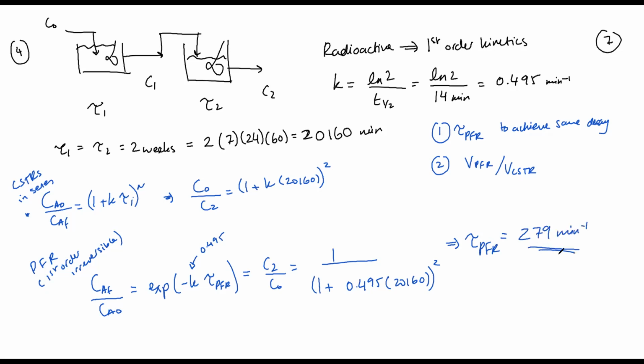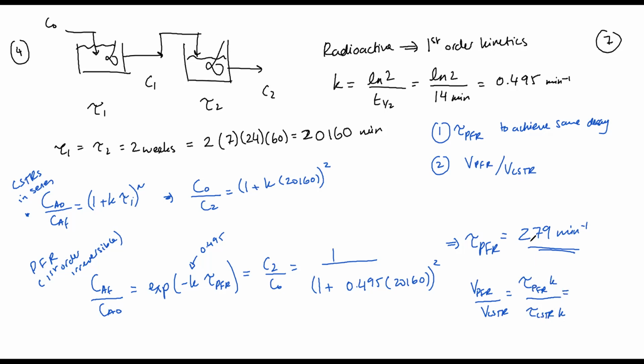Okay, so this is the tau for the PFR to achieve the same thing, and volume PFR over volume CSTR will be basically, just to recall, V PFR over V CSTR for a first order is equal to tau PFR K over tau CSTR K.